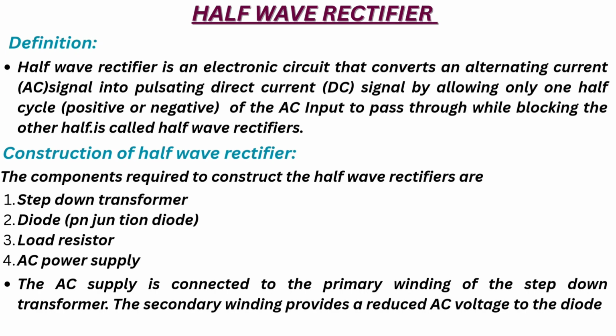Now, the construction of the half wave rectifier. We need some components to construct this half wave rectifier: a step down transformer, a diode, a load resistor and an AC power supply. These are the four components required. The AC power supply is connected to the primary winding of the step down transformer, and the secondary winding provides the reduced voltage to the diode.